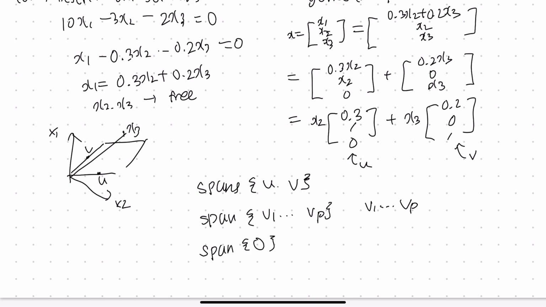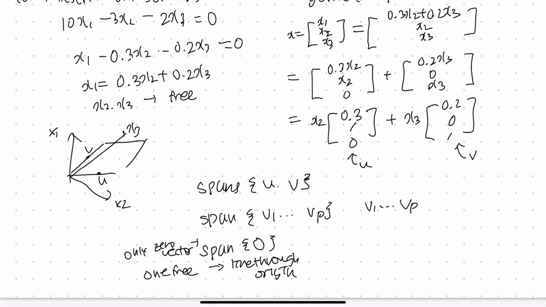If Ax equals 0 has only the zero vector as an answer, then the solution set is the span of 0, and if it has only one free variable, then the solution set is a line through the origin, like this.